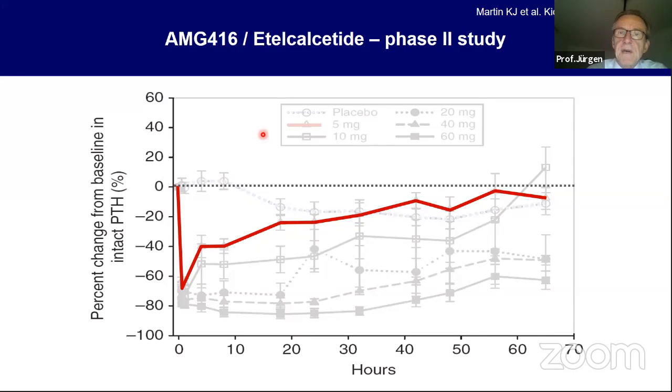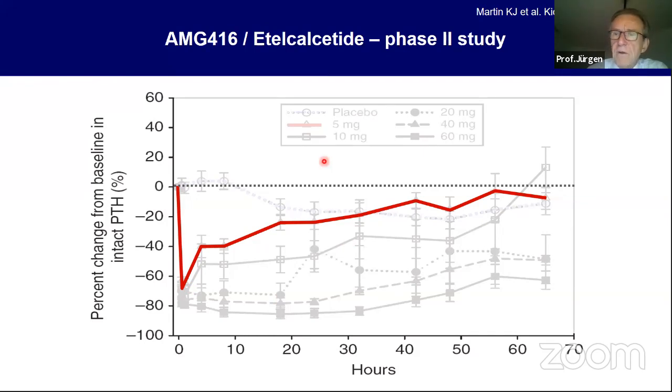So you can estimate that a single injection of 5 milligrams of etelcalcetide at the end of dialysis will rapidly induce a decrease of PTH, and then it can take up to 70 hours for the PTH to come back to normal. So if you infuse etelcalcetide, you should not measure PTH in the next day, because it will be low because you have simply infused etelcalcetide.